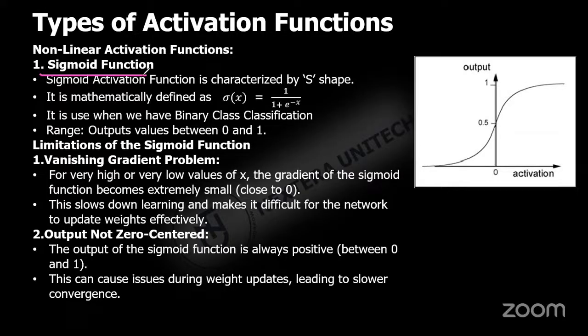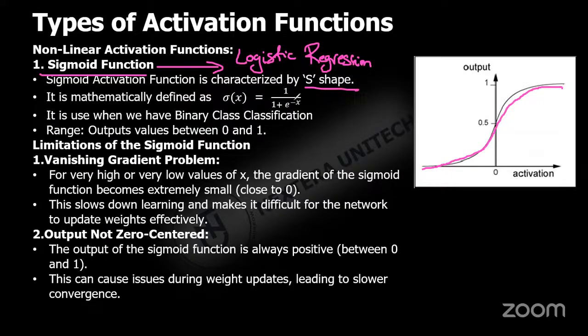Yes, the sigmoid function that we have understood as part of logistic regression. Under logistic regression, we use this sigmoid function, which is similar to an S-shaped curve. You see here, the curve is similar to an S-shape.